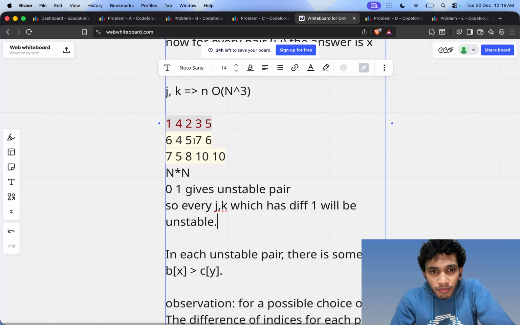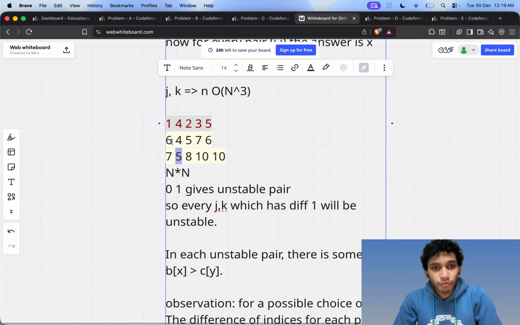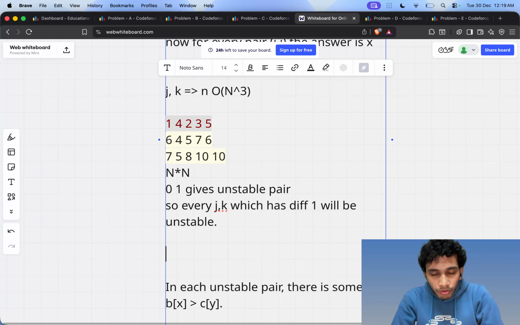Let's say we started with j here and k here. So what will be the next pair? This and this. And the next pair? This and this. And we know that this pair is already unstable. So for each unstable pair, if we find another unstable pair of the same difference of indices, then there is no need of subtracting anything more, because all the possible pairs that were unstable due to this difference have already been removed. So what did we observe?